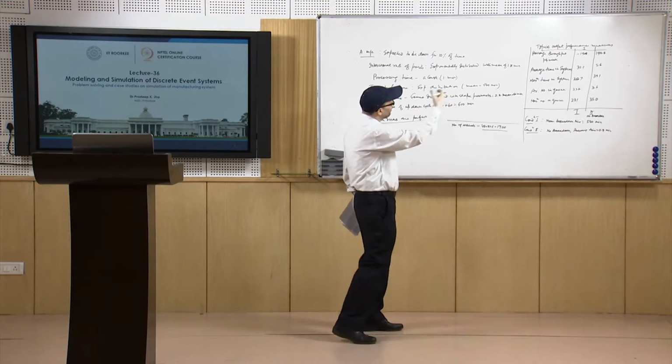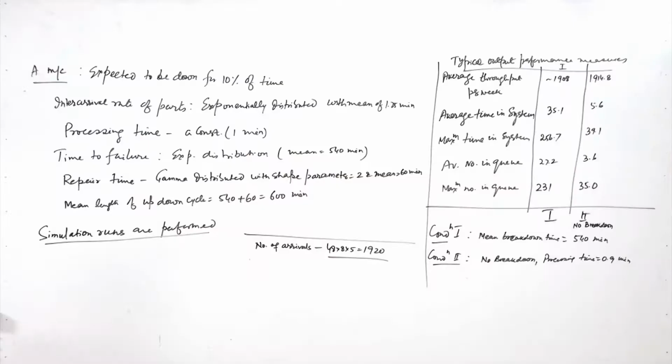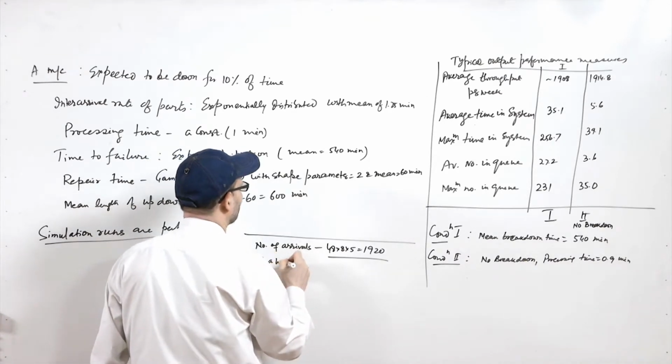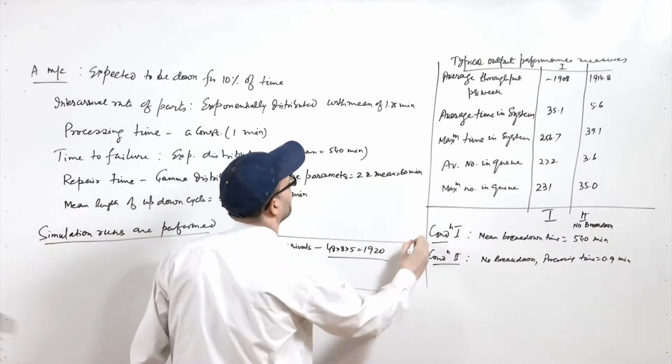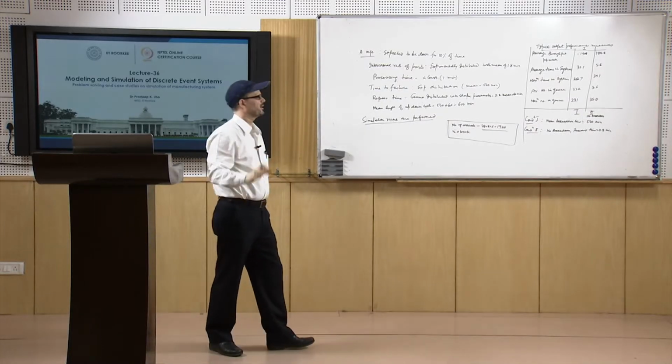So, you are getting close to that value, close to 1920 in a week, and that is why you get this throughput close to 1920 in both cases. Normally they are comparable.